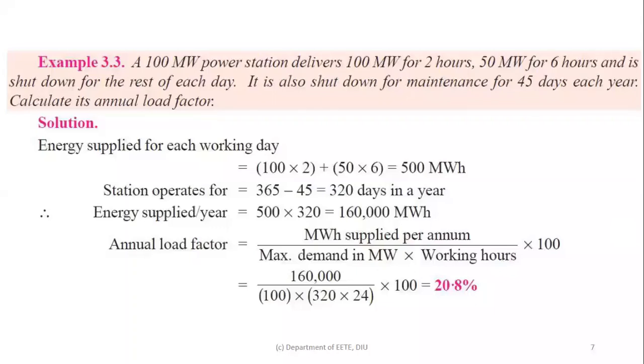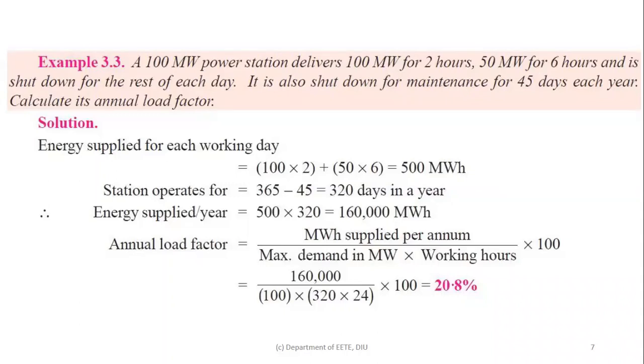If you know properly, the equation is units generated per year equals maximum demand into load factor into hours of use. At first, the information is given for one day: a 100 megawatt power station delivers 100 megawatt for 2 hours and 50 megawatt for 6 hours.